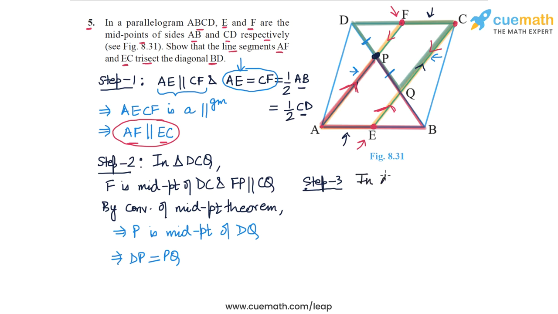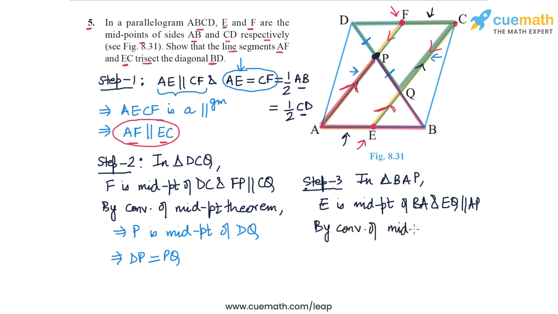So in triangle BAP, E is the midpoint of BA and EQ is parallel to AP. So again, by the converse of the midpoint theorem, we can now claim that the other point of intersection, which is this point Q on the other side, is the midpoint of BP.